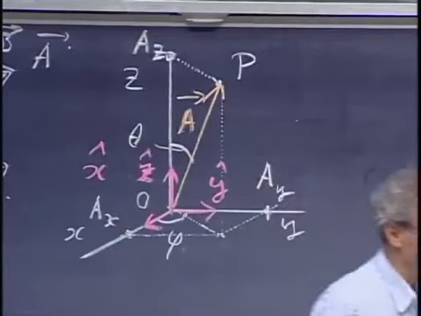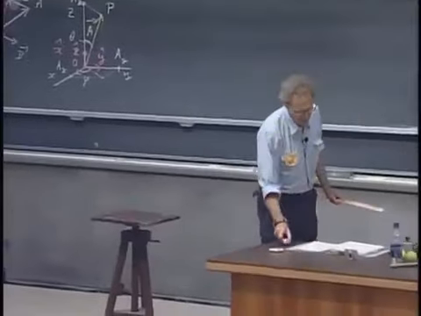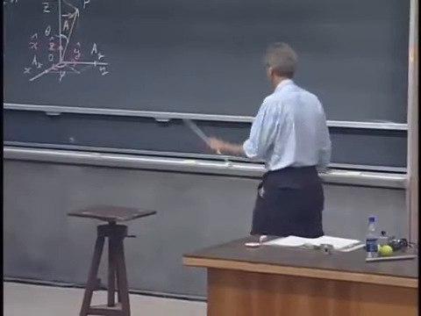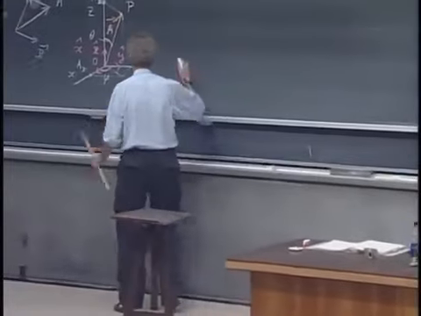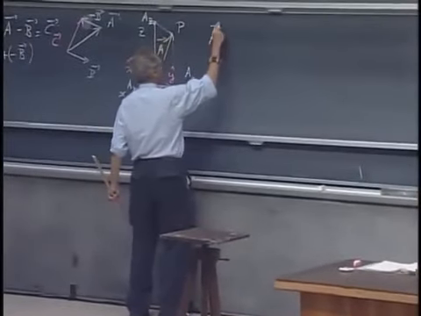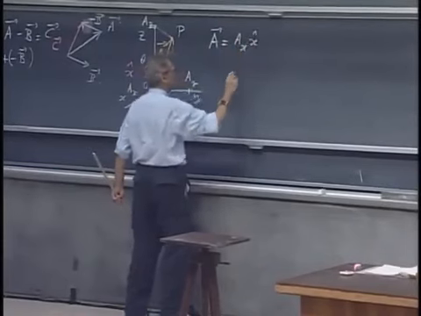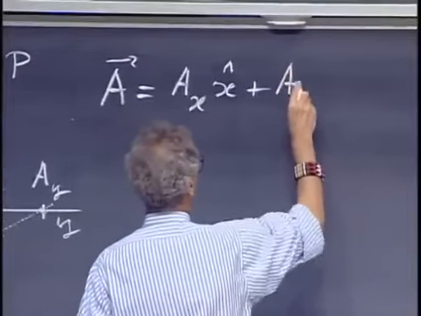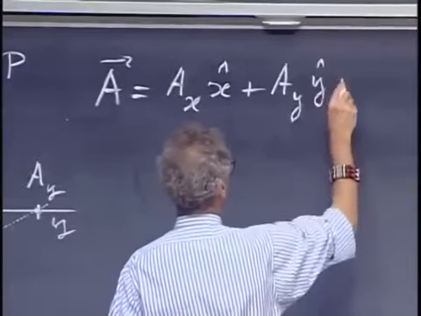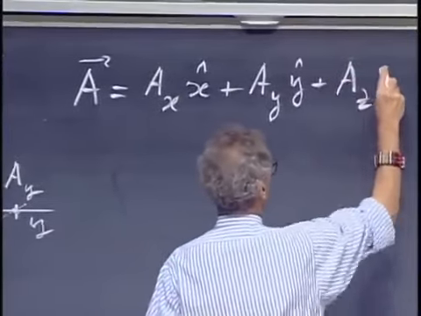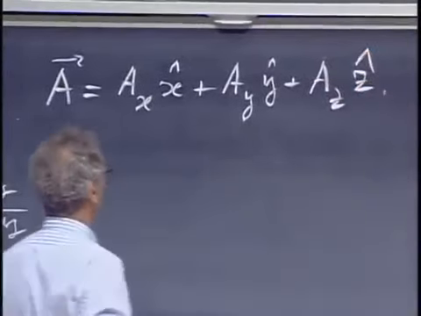Now I'm going to rewrite vector A in terms of the three components. So the vector A, I'm going to write as A of x times x roof plus A of y times y roof plus A of z times z roof.